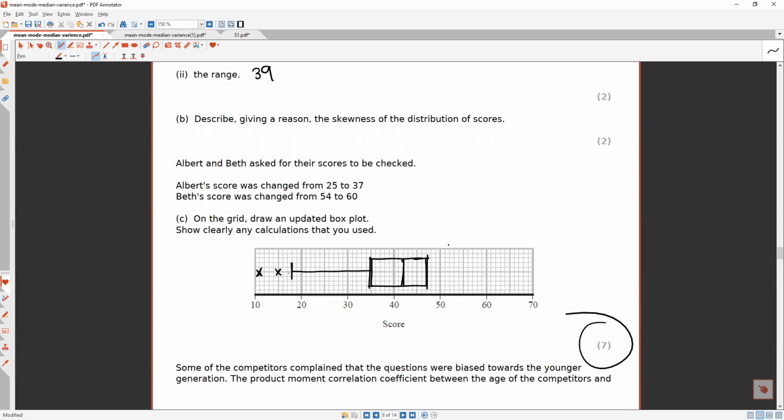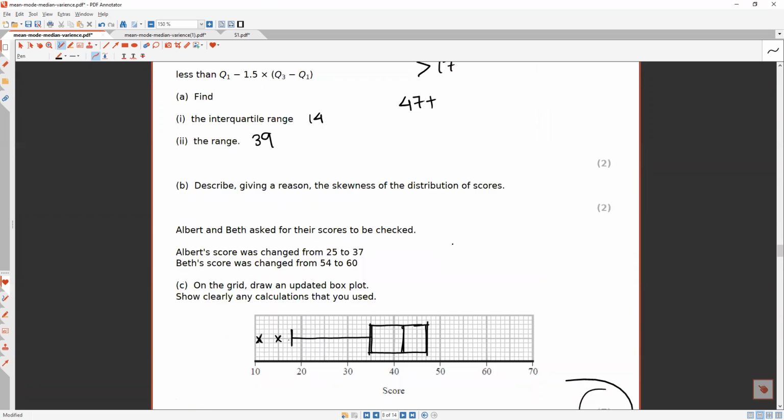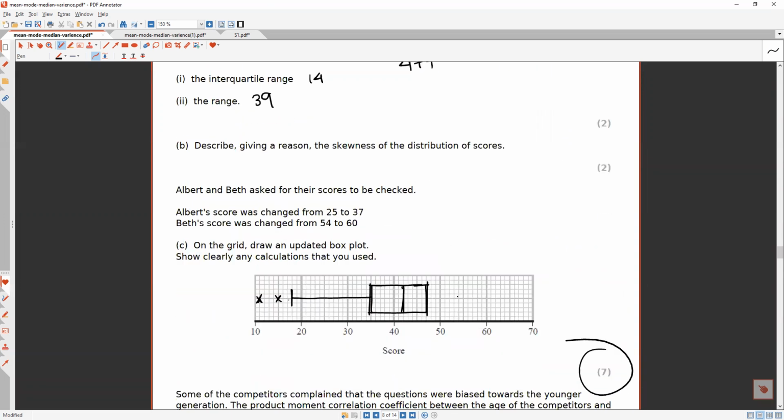We don't know their last value. I will take their last value as 50. No, no, no. Earlier it was 54, now it has become 60. Your last value is now 60. Understood? The last value is 60.